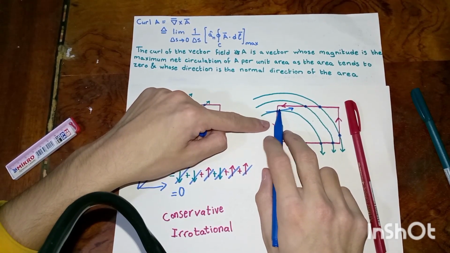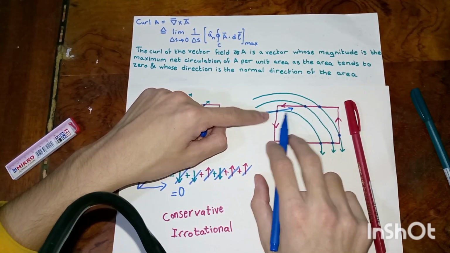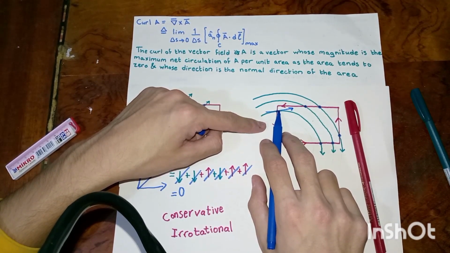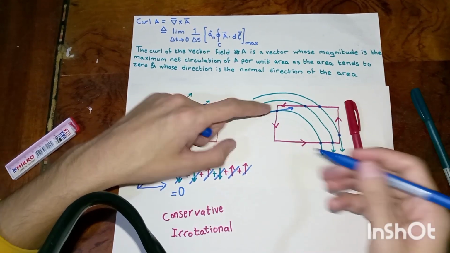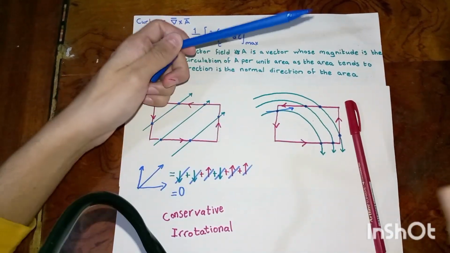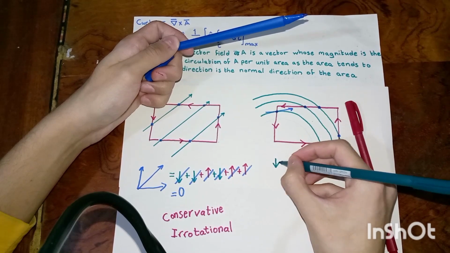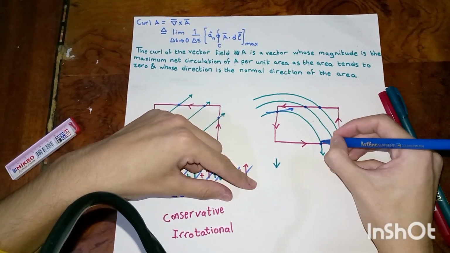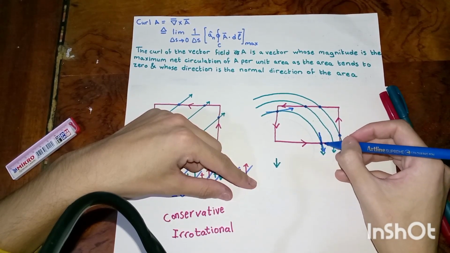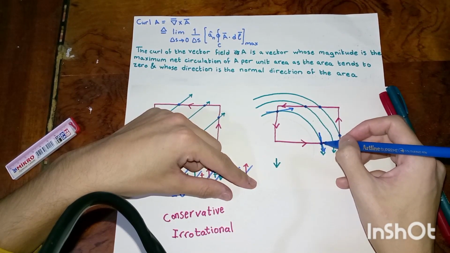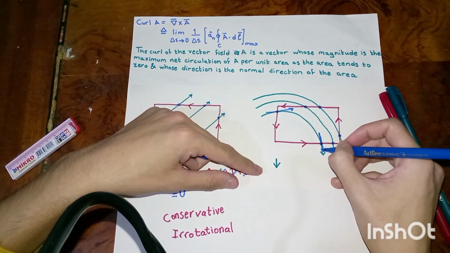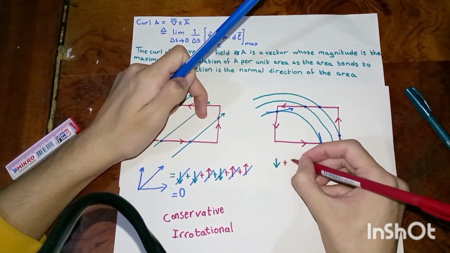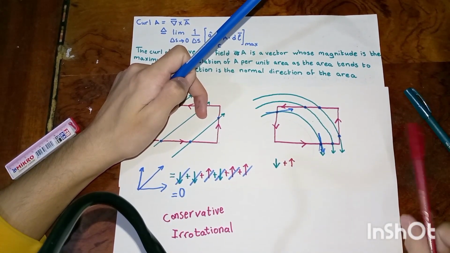At this point, the x component vanishes, but the y component remains. But its direction is opposite to the direction of the path, so it's going to give us a negative scalar magnitude. Let's go to the other point, which is this point. I will take the tangent also. The y component vanishes, but the x component remains. And in this case, it's going to give us a positive scalar magnitude.